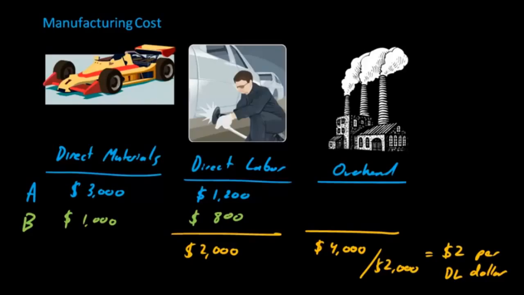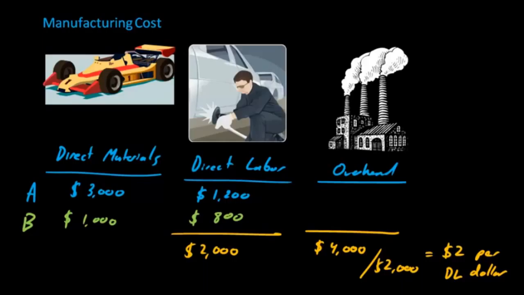So if we decide to allocate this overhead based on direct labor, we will be looking at total direct labor, which is 2,000: 1,200 for A and 800 for B. So our total direct labor was 2,000, and we just take the total overhead and divide it by the total direct labor. So 4,000 divided by 2,000, and you get $2 per direct labor dollar.